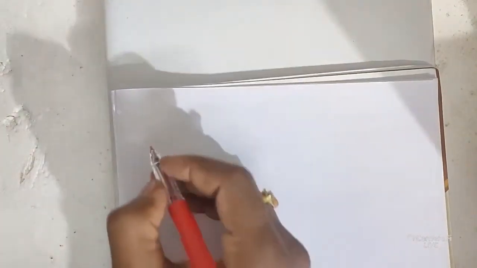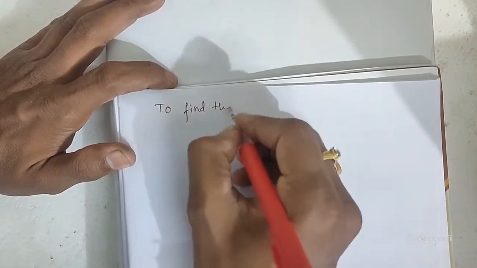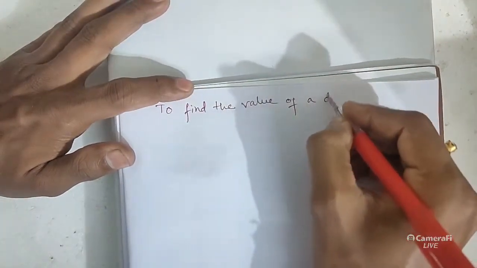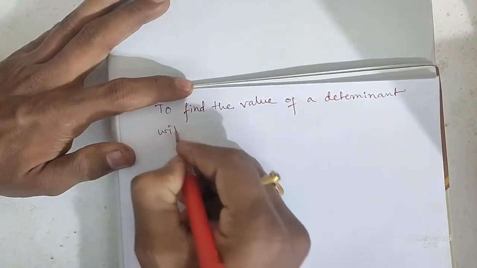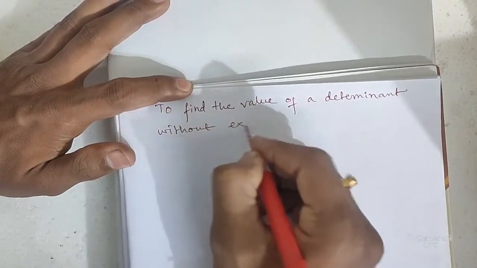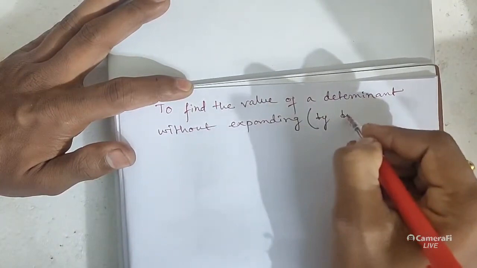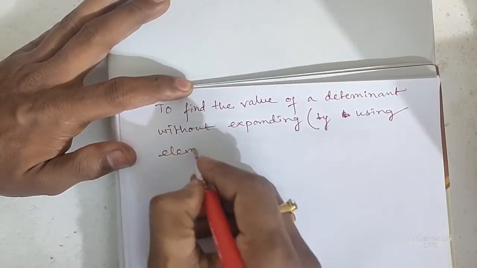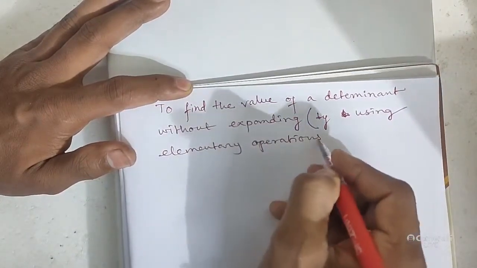Here we have to use a few elementary row or column operations to find the value of a determinant without expanding, or by using elementary operations.